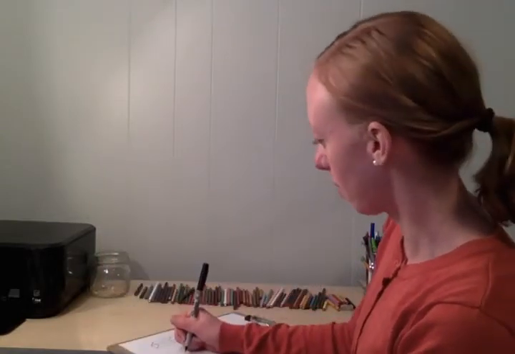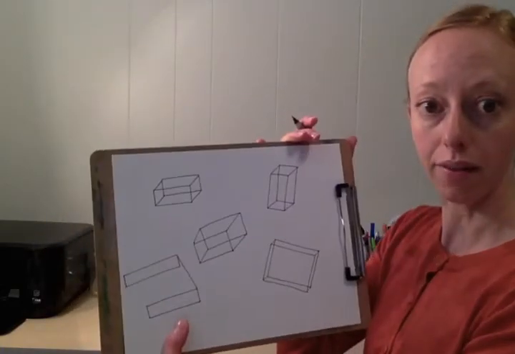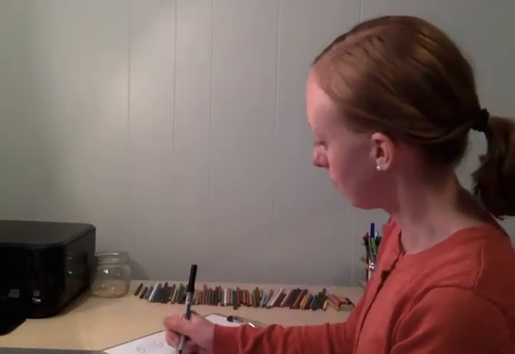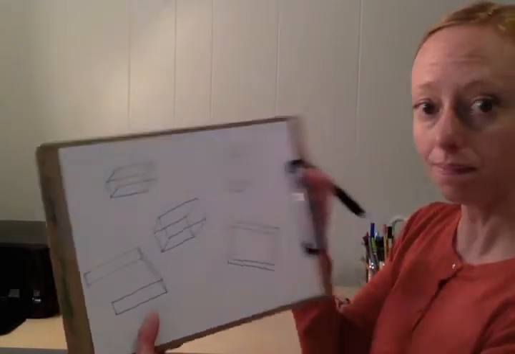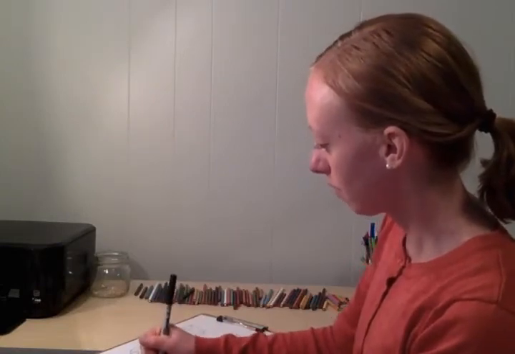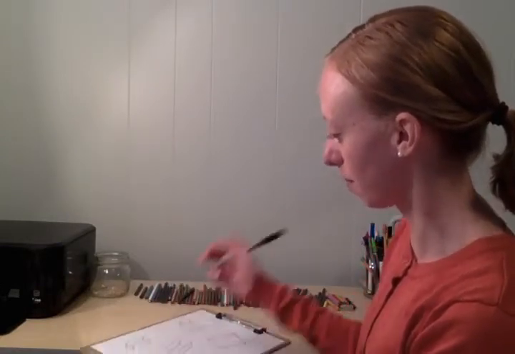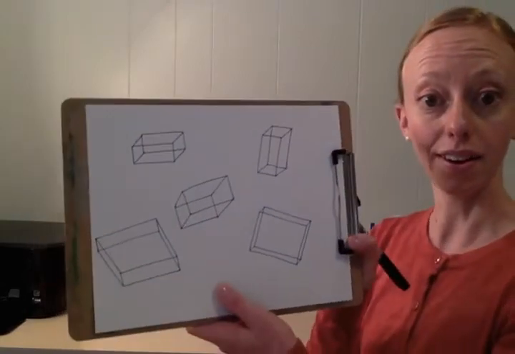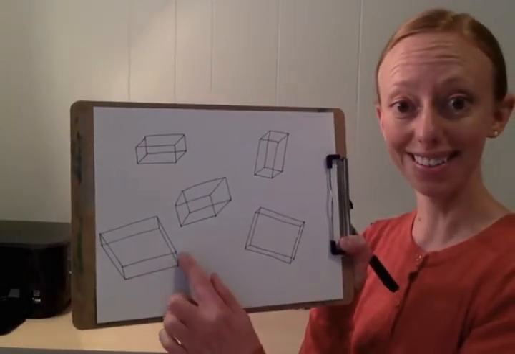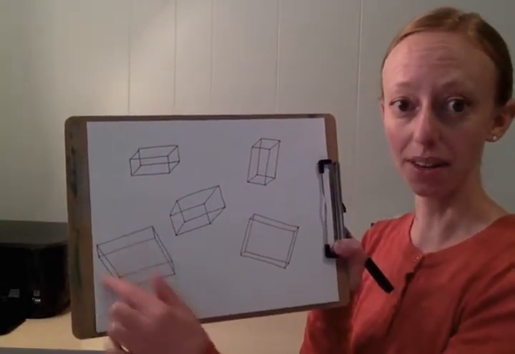So I've got my top right corner here connecting with my top right down there. Bottom right to bottom right. Top left to top left, bottom left to bottom left. And there's my longer or deeper rectangular prism.